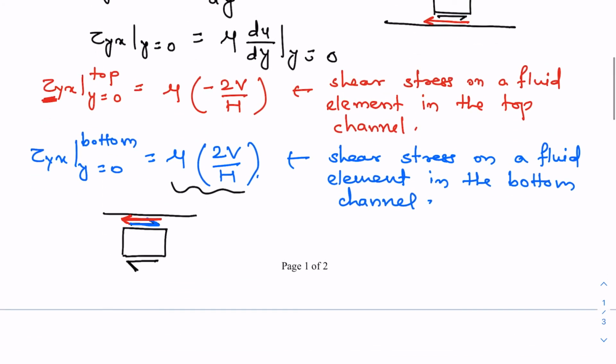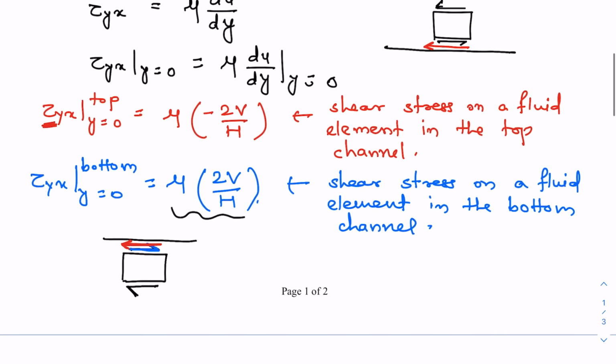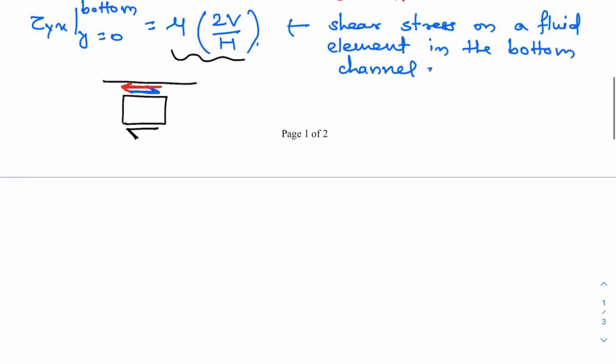So if you look both on the bottom surface and on the top surface of the tape, the shear stress is acting in negative direction. So we can simply add the magnitudes of these two shear stresses and we will get the total shear stress acting.